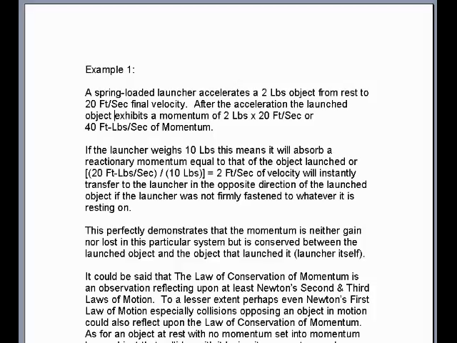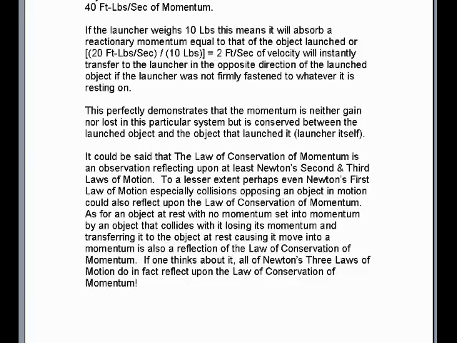It could be said that the law of conservation of momentum is an observation reflecting upon at least Newton's second and third laws of motion, and to a lesser extent perhaps even Newton's first law of motion, especially collisions opposing an object in motion, which could also reflect upon the law of conservation of momentum.